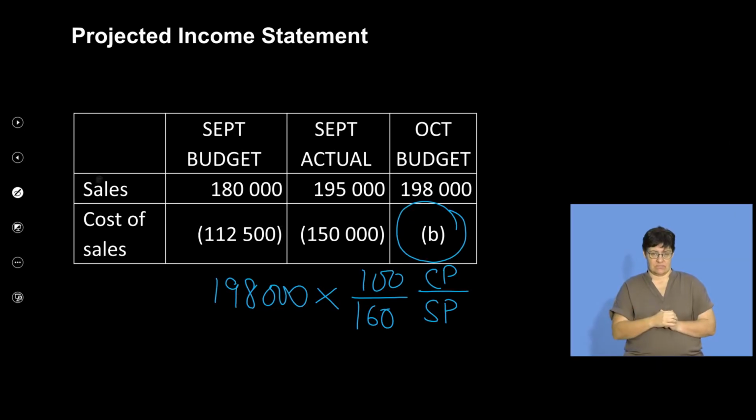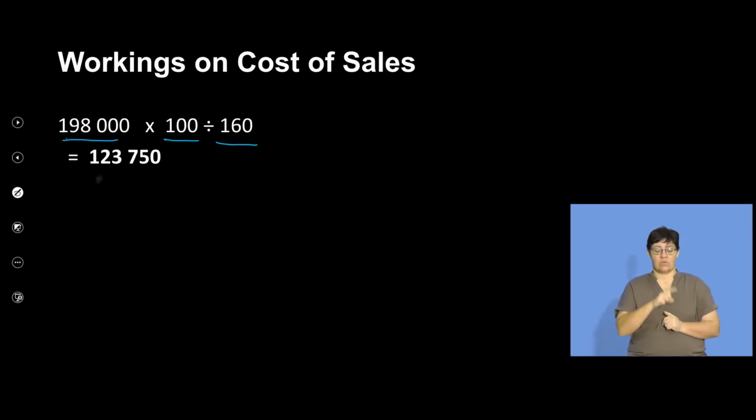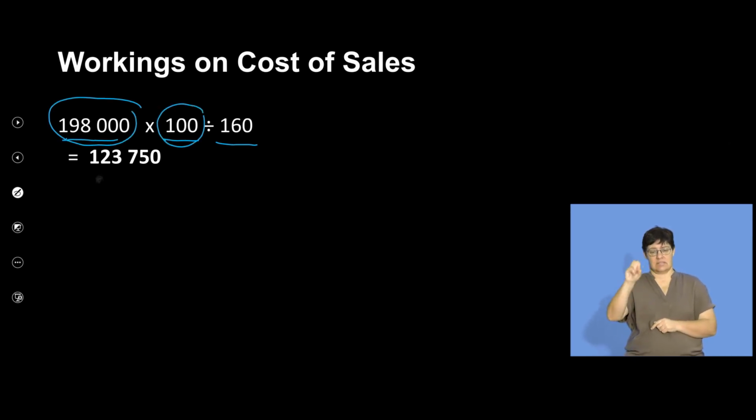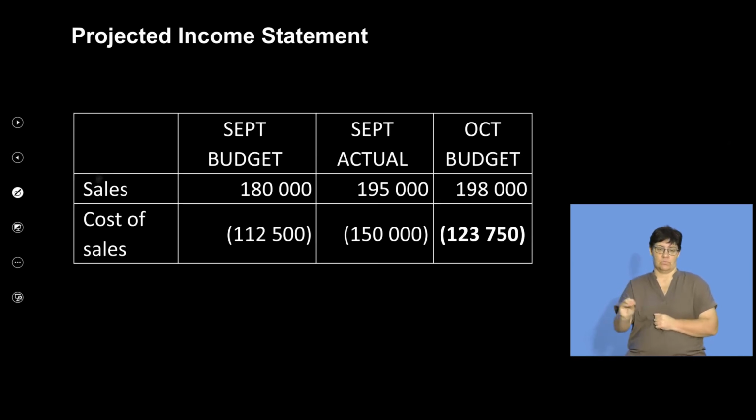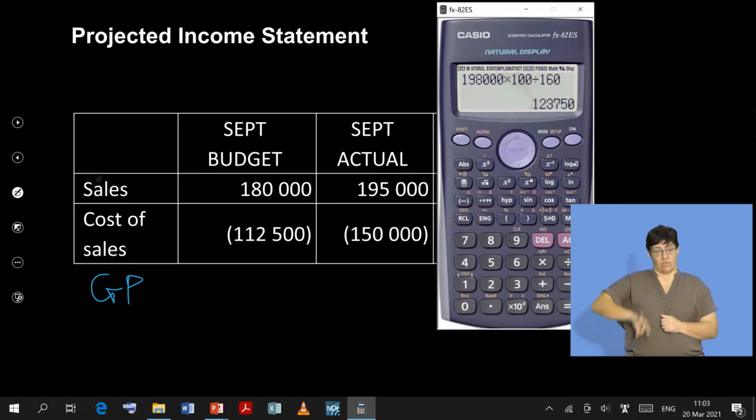Okay. So therefore, it's 198,000, which is my selling price, times 100 divided by 160 will give you a figure of 123,750. We can actually go now and slot in that figure into my budget period, and you can see it's sales less your cost of sales. So, in other words, if this is what is required, then your gross profit would be, let's do this one here.